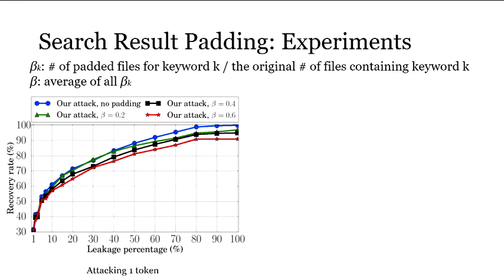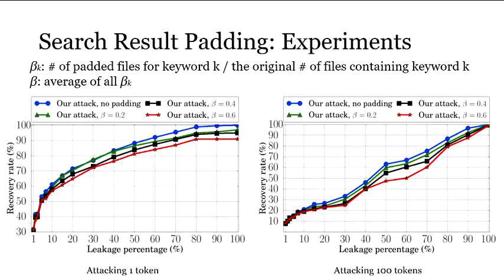But then this figure shows that as we increase beta, the performance of our attack is not affected that much. We still can approach 90% accuracy as the server learns more and more files. And here's the performance under different beta of the attacks targeting multiple tokens.